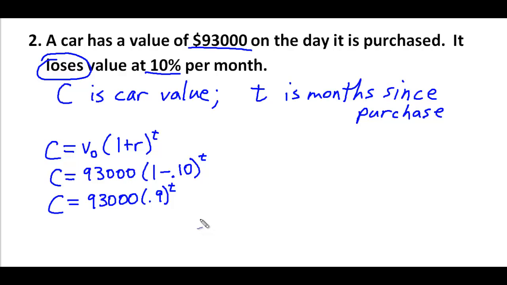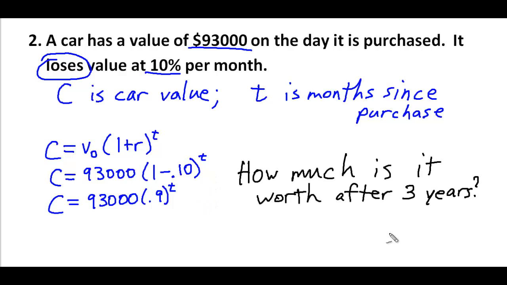And there's our model. Just to add on to that, how much is this car worth after 3 years? Well, if we want to do that, we're going to see that t is months. So if it's 3 years, we want t to equal 36 months.